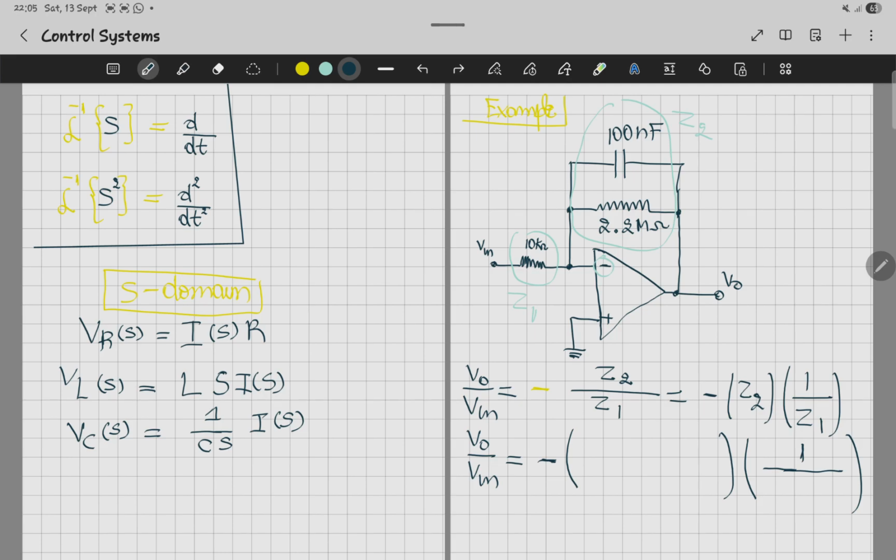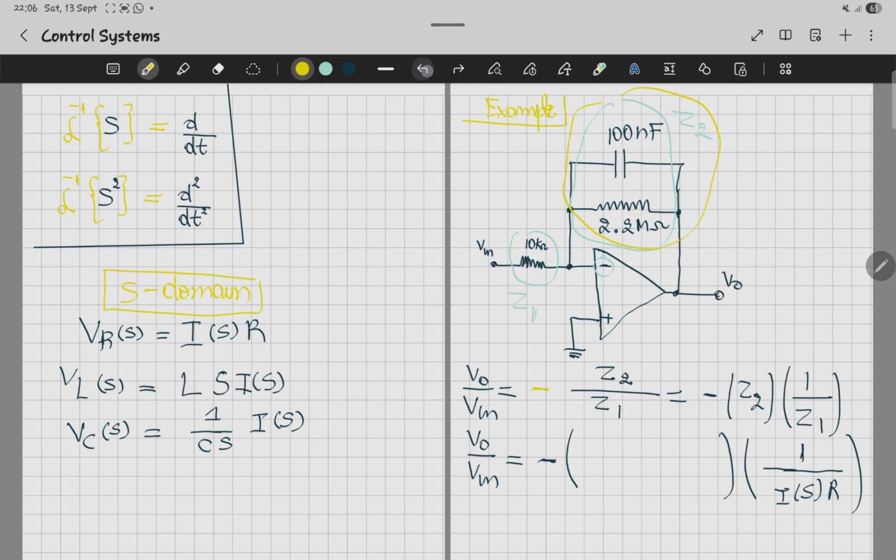So it's going to be I times R. Now the problem is with this block, since the resistor and the capacitor are in parallel, we're going to work with these two equations, but we need to write them in parallel.